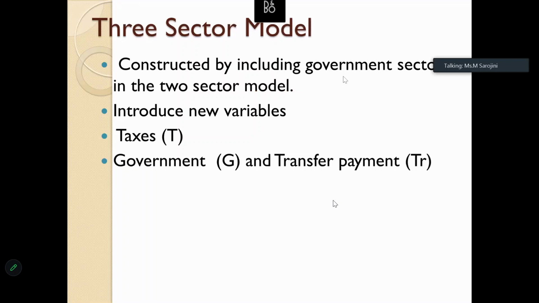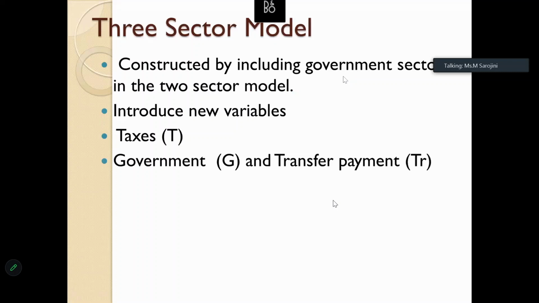Here, the three-sector model is constructed by including the government sector, right? With the two-sector model, until now we discussed national income determination for the household sector as well as the firm sector.